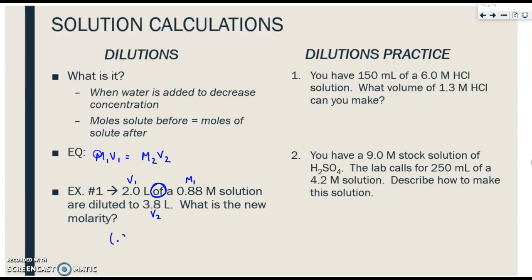And you simply just plug your numbers into the equation. So M1 times V1 equals M2 times V2. And you solve algebraically to get 0.46 molar. Okay. At this time, please pause the video and try the 2 practice problems.